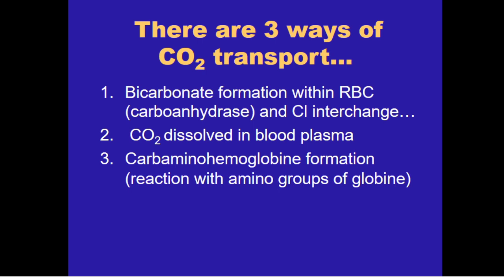Then, next in the power of this process is carbon dioxide dissolved in blood plasma. There is a part of carbon dioxide that can dissolve and follow together with blood from tissues to lungs. And finally, the real formation of a bond between carbon dioxide and hemoglobin, with amino groups of radicals of amino acids.